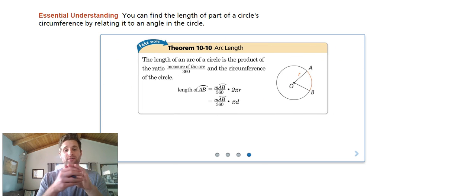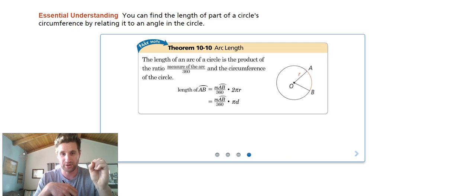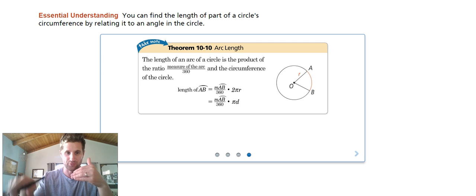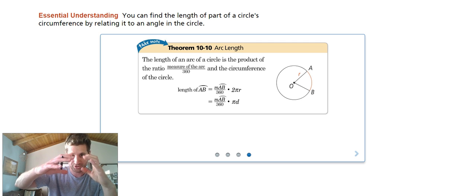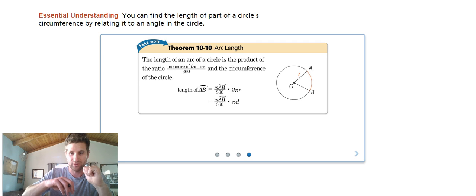And our last one, arc length. There's arc measure, which uses degrees, and arc length, which is a distance, so that's going to be a number. To find arc length, you basically are finding the ratio of the full circle, so what part of the circle the arc is. We take the measure of the arc and divide it by 360.